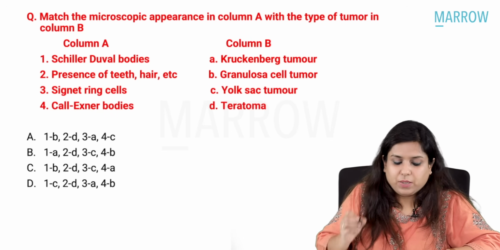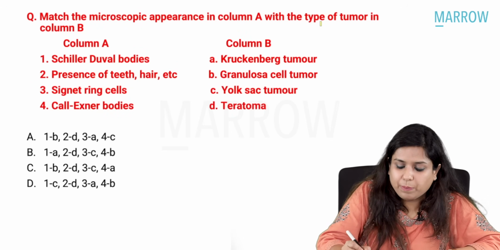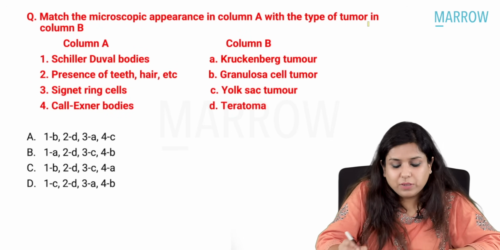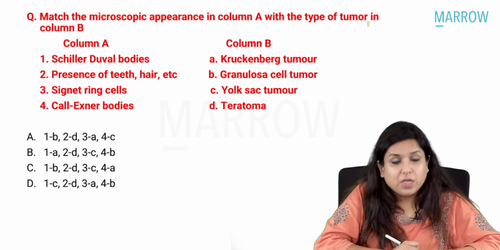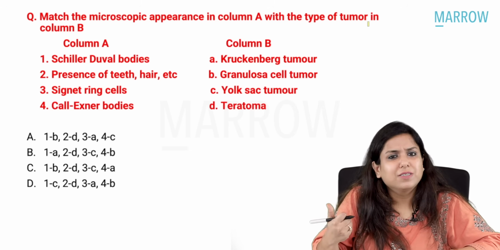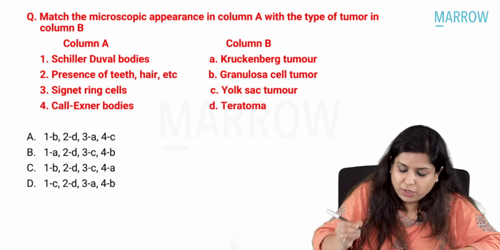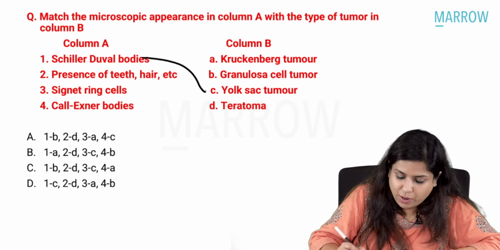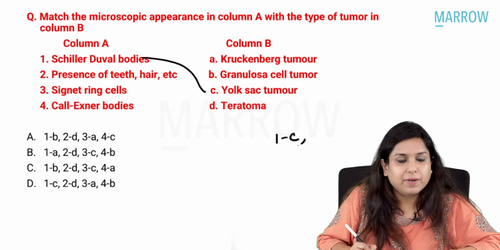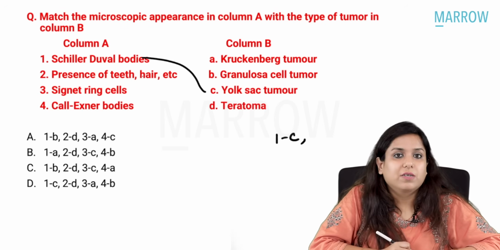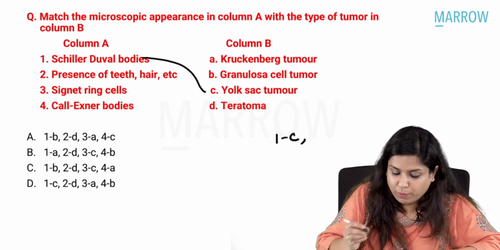Okay, next. Match the microscopic appearance in column A with the type of tumor in column B. Schiller-Duval bodies. Remember, this is a one-liner. Schiller-Duval bodies are seen in Yolk Sac Tumor. So I have matched 1 with C, right? Presence of teeth here, very easy, Teratoma, right?